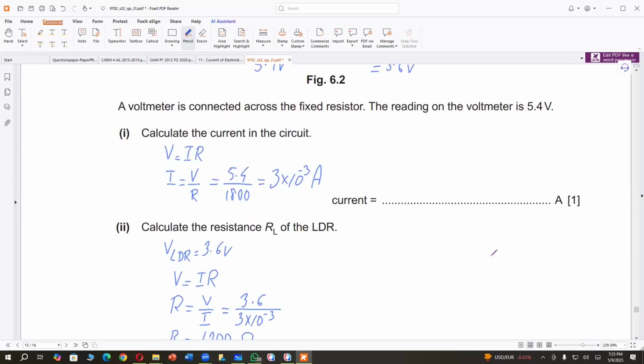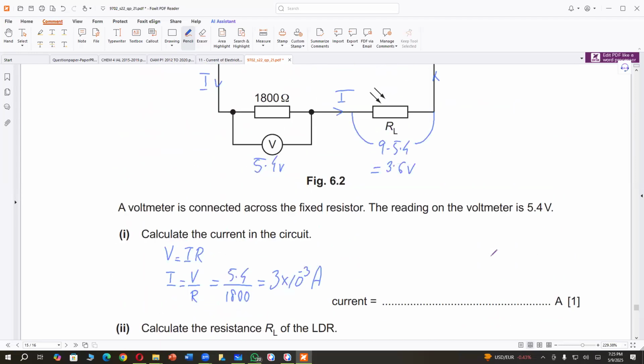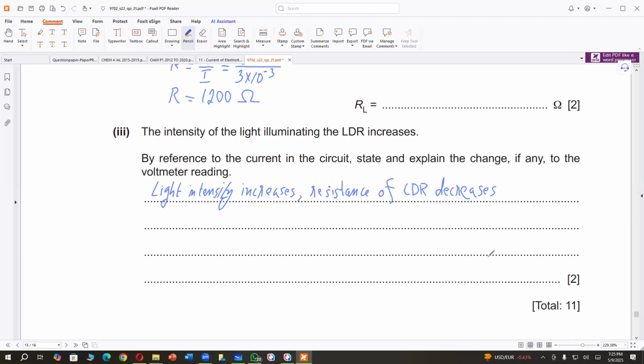Resistance of LDR decreases, and LDR and 1800 are in series. So what is the effect of it? The two resistors are in series.